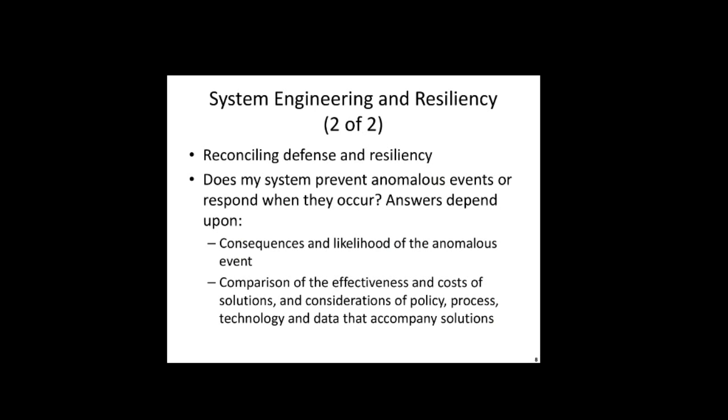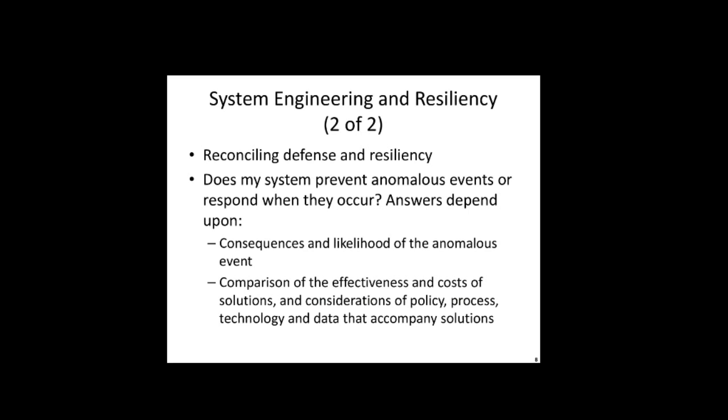But further, for physical systems, we'll talk about the outcomes that might be less acceptable than the ones that we have today. So the question we're asking is, does my system prevent anomalous events when they occur, or respond to them in a containing manner? And what do I want to do about it? And the answer depends upon the consequences of whatever it is that we're imagining could happen, the likelihood of this happening, and the comparison of the effectiveness and cost of different solutions.